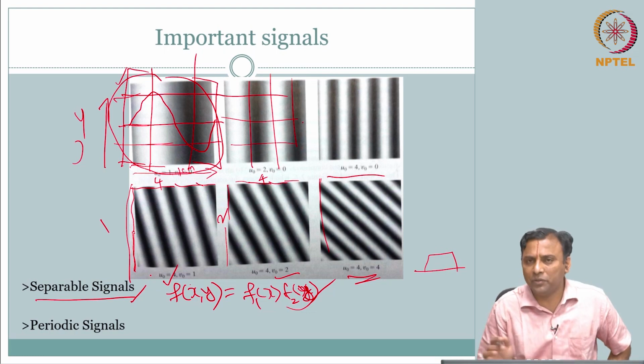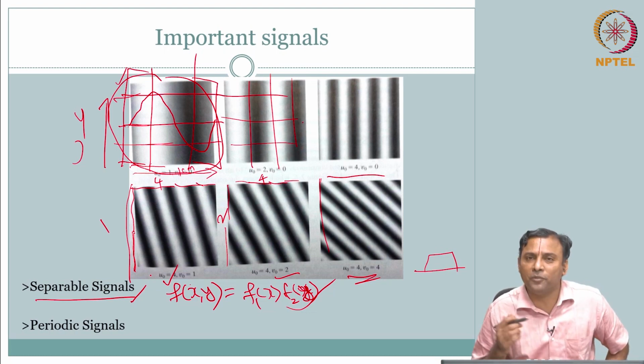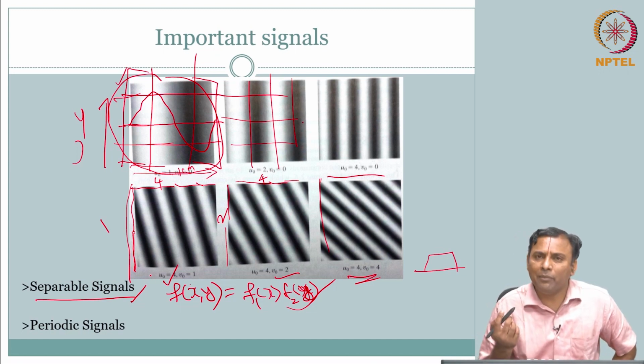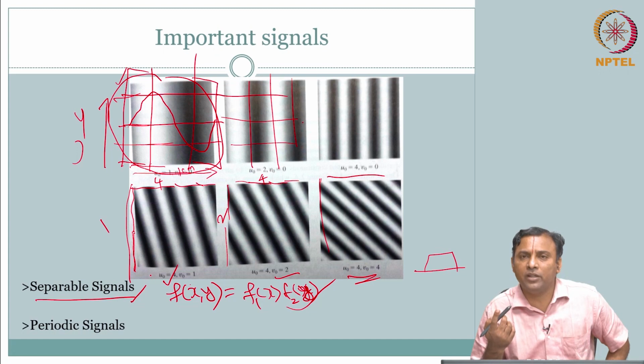Periodic signals, I should not even spend time on, since by this time in one dimension you would have learnt about them. So how do we extend that to two dimensions? In one dimension, recall the idea of a periodic signal. If you have a function, say f of t, the value remains the same after every period.